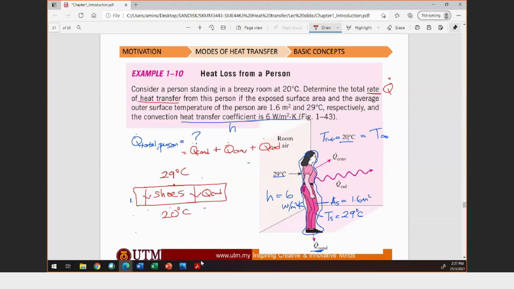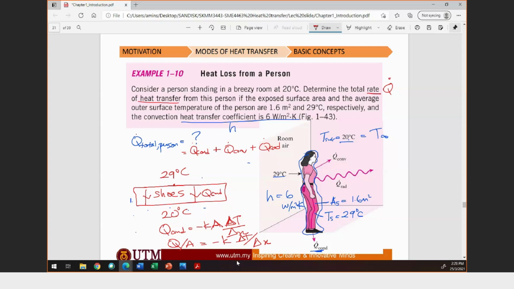If you look here, in order to calculate Q conduction, you need negative k A delta T over delta X. Let's say you don't know the A, so you can put Q over A equals negative k delta T over delta X. You might know the delta T, because delta T is 29 minus 20.